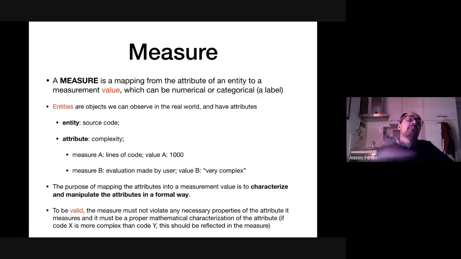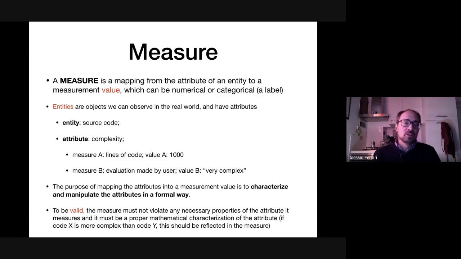Of course, different measures may have different implications, because the lines of code is something that is objective. The evaluation made by the user may change for another user, so I have to consider that, depending on the measure that I choose, I may have different implications in terms of objectivity and subjectivity of the measure, and different implications in terms of resources that I need to estimate the measure.